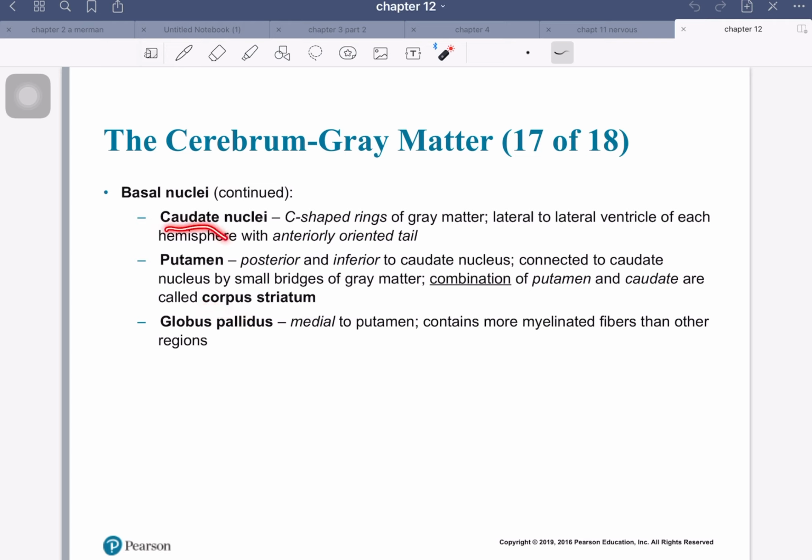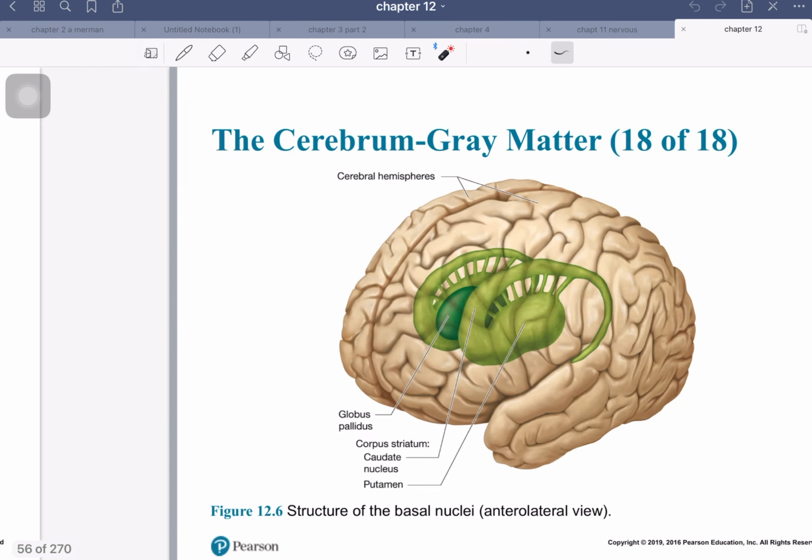So the caudate nuclei and putamen collectively can be called the corpus striatum. And then we have a third part, the globus pallidus, which is medial, and it contains more myelinated fibers than the other regions.